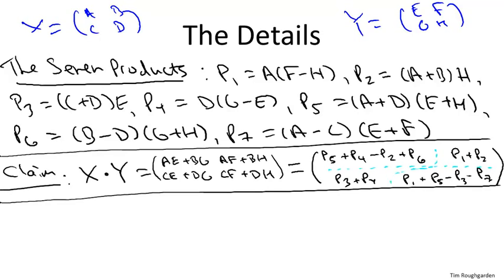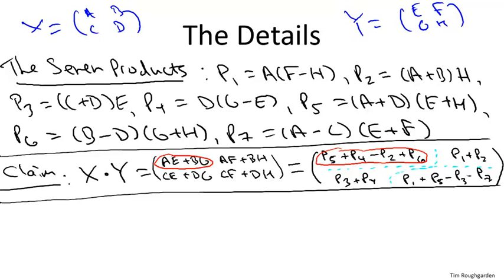Similarly, we're claiming that P1 plus P2 is exactly AF plus BH. That's actually easy to see. P3 plus P4 is CE plus DG. That's also easy to see. And then the other complicated one is that P1 plus P5 minus P3 minus P7 is exactly the same as CF plus DH. So all 4 of those hold.